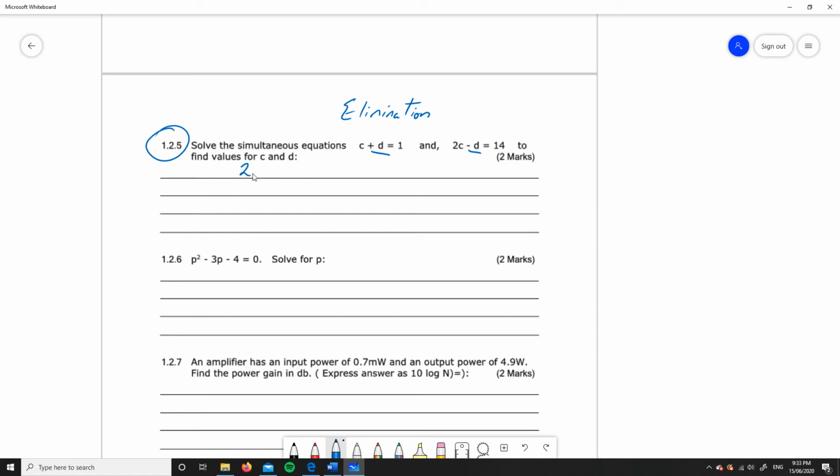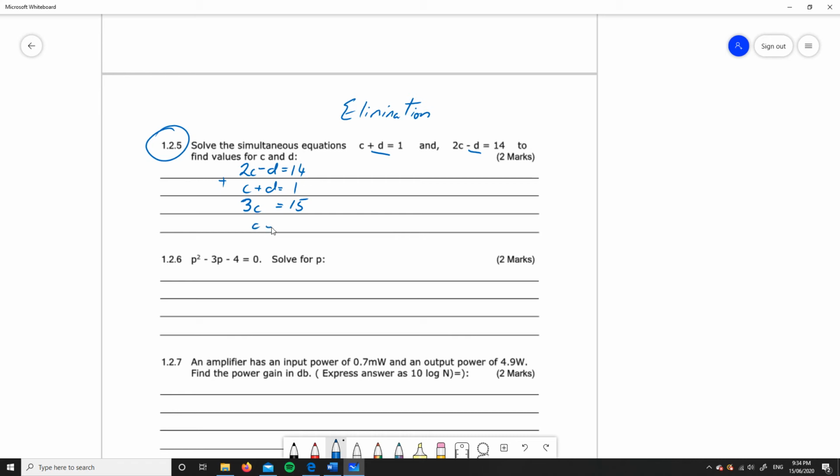So 2c minus d equals 14. c plus d equals 1. So just adding those equations together is 3c equals 15. d cancels out, so you could write the 0d in there if you wanted to.